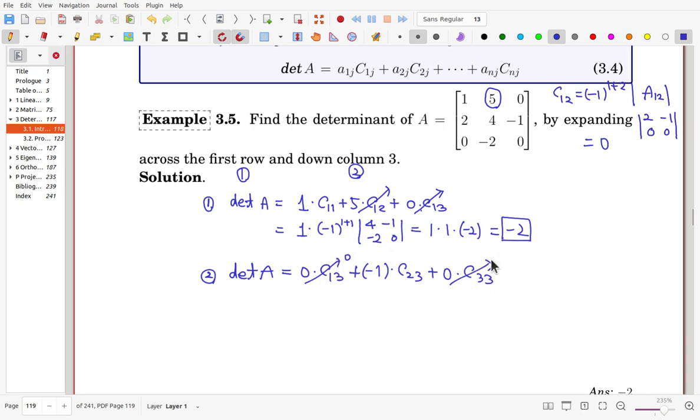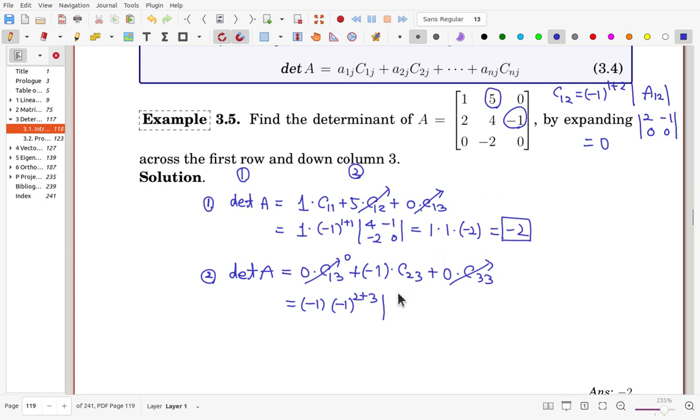Now this is the same as minus 1 times minus 1 to the 2 plus 3, and then the determinant of a 2 by 2 matrix. The submatrix is obtained by deleting the row of minus 1 and the column.